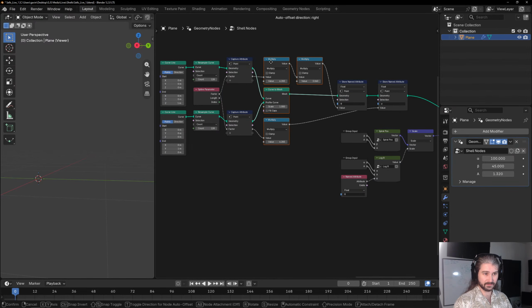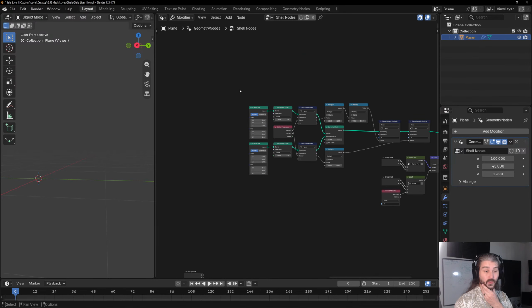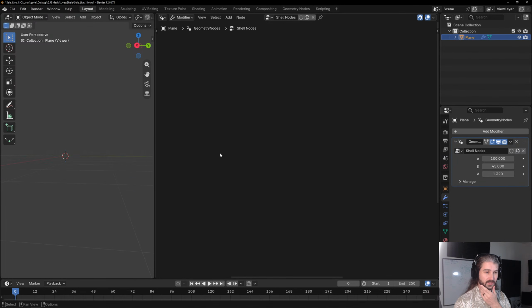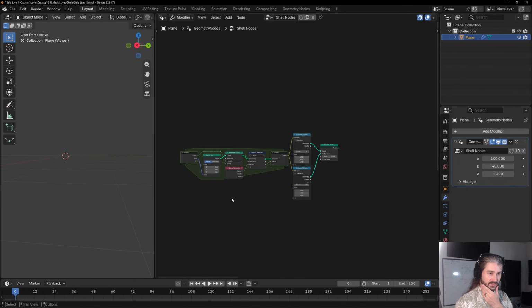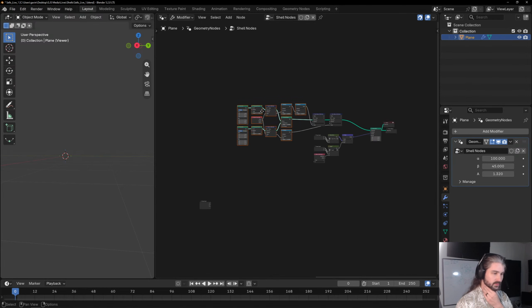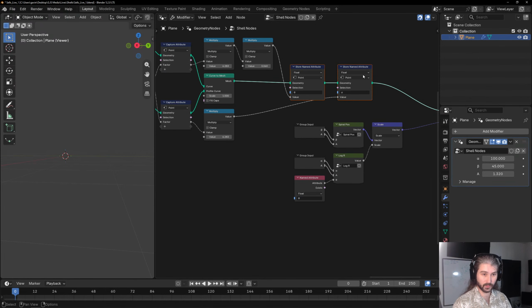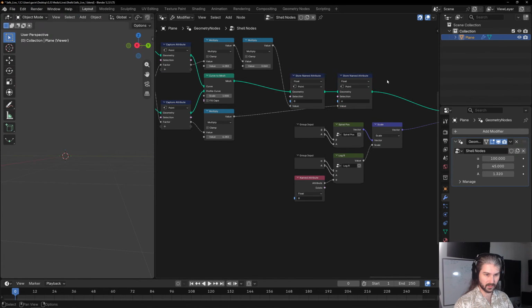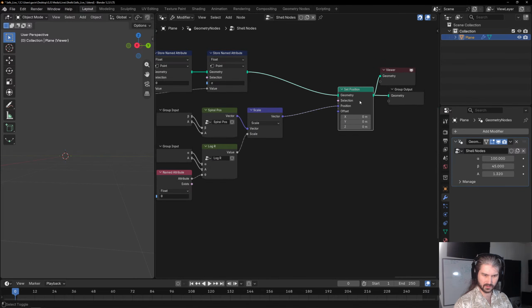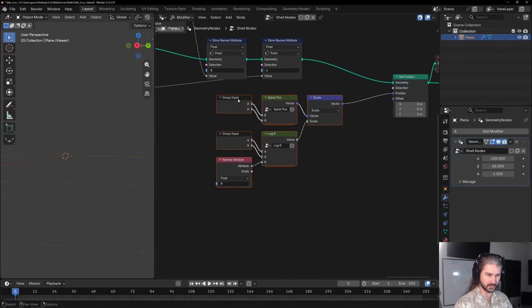I just need to play with it a little bit more. I would be happy to use them here, but it's literally the first thing we're doing, so we don't need the flexibility of a closure here. But again, I really appreciate doing that with you guys and seeing how it would work in this case. Anyway, I really need to figure out why this position is not being set appropriately.